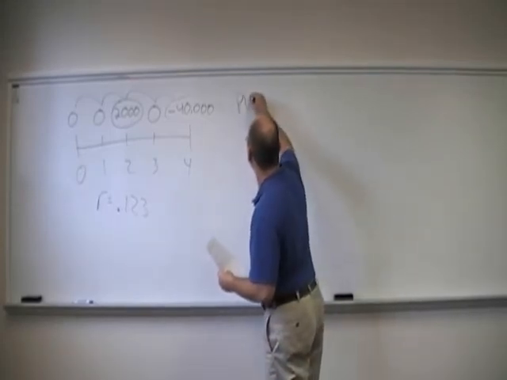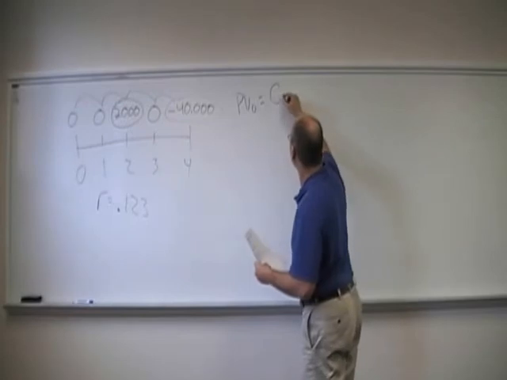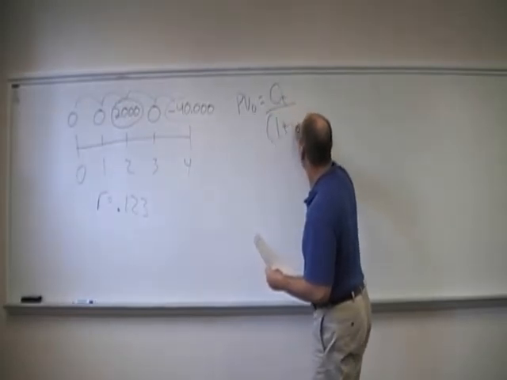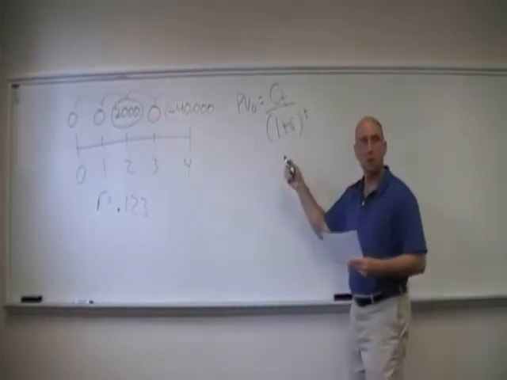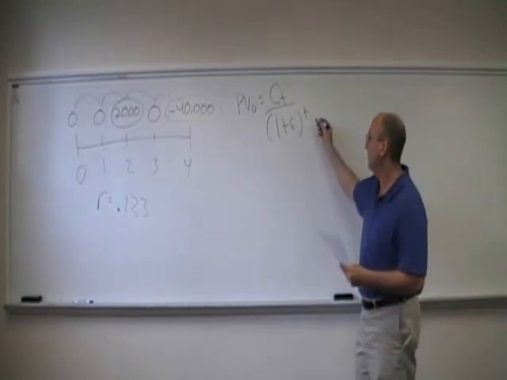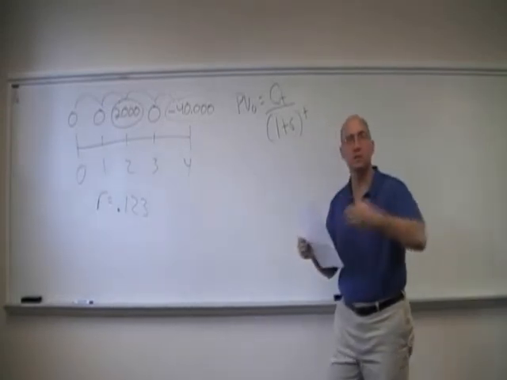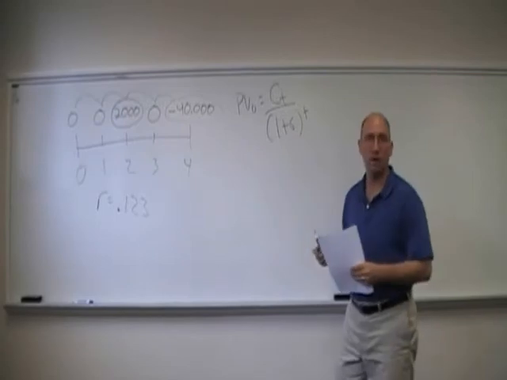Remember, the present value is simply the cash flow over 1 plus the discount rate taken to the power of how many years in the future that cash flow happens.